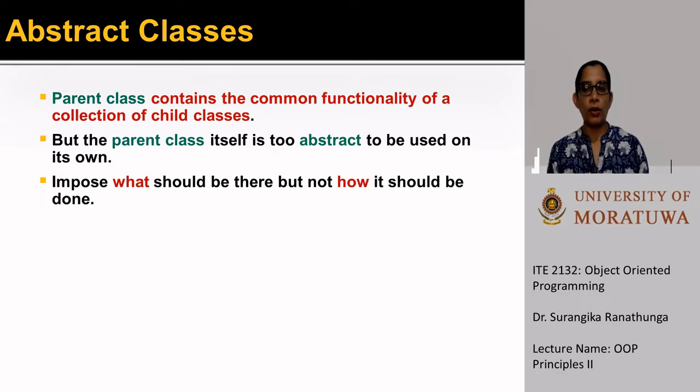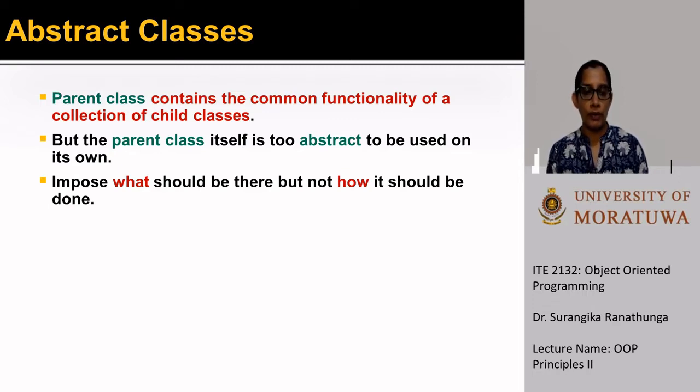So when we are creating objects, what we will be creating is car objects or motorbike objects, but not vehicle objects themselves. So that is what we mean by the parent class being too abstract to be used in object creation. So think of a method of this vehicle class, we can say the move method. So every vehicle can move.